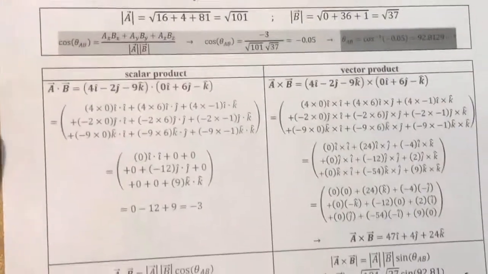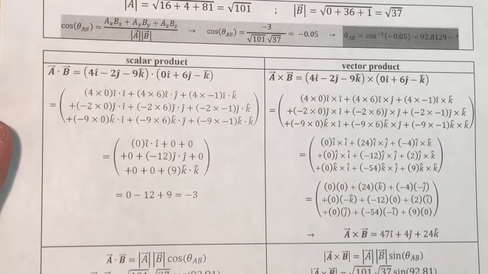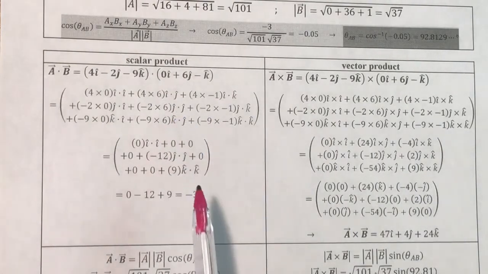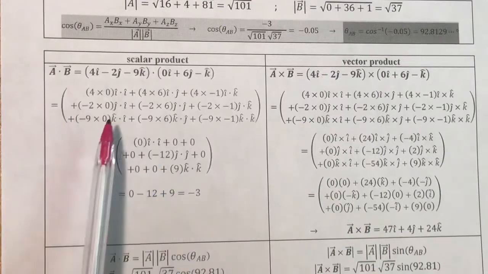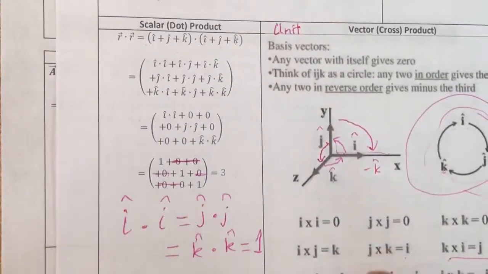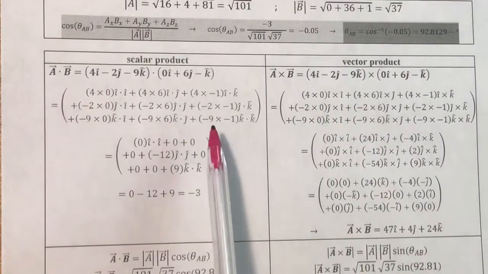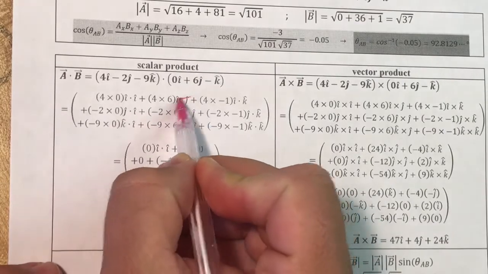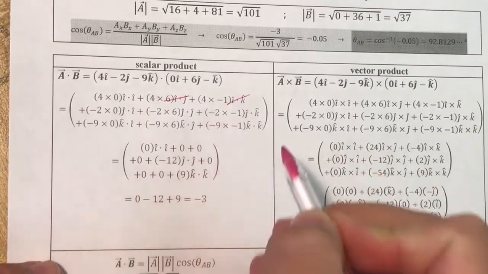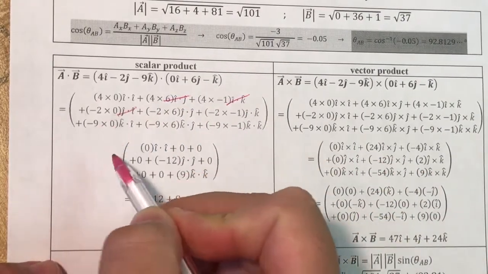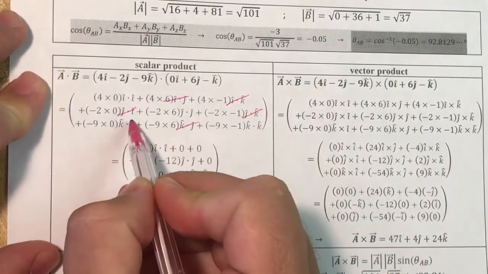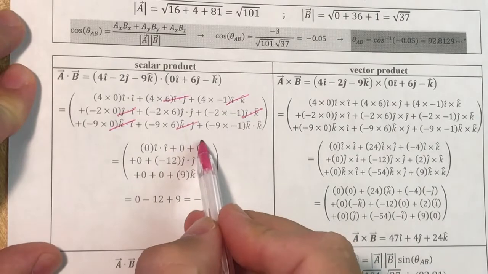Okay. If we need to find the dot product, which is the scalar product, in detail, as I explained here, it is a long way, but we have zeros. i dot j is 0, i dot k is 0, j dot i is 0, j dot k is 0, k dot j is 0, k dot i is 0. All of these are zeros.